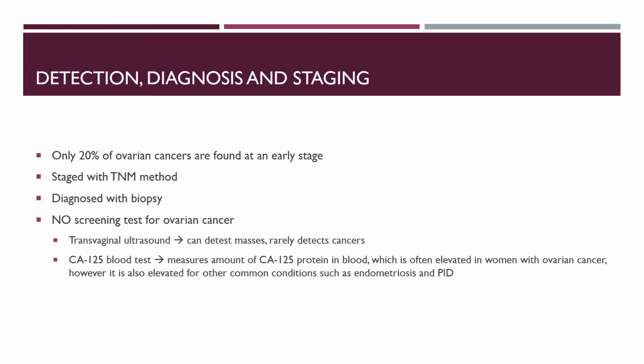So it's really not useful as a screening tool because the other conditions, again, they are common, and the ovarian cancer can go undetected pretty easily. It's staged with the TNM method because they are tumors.